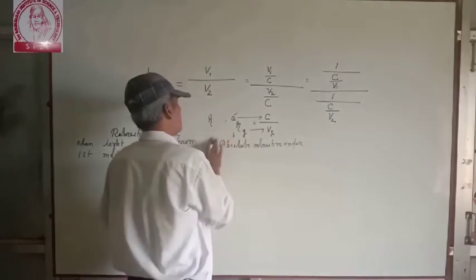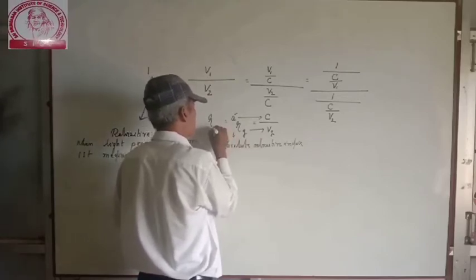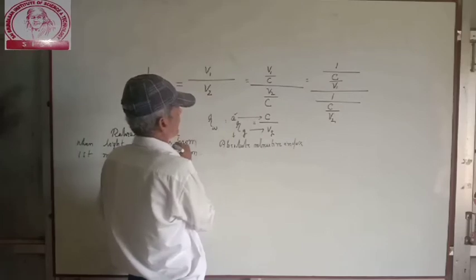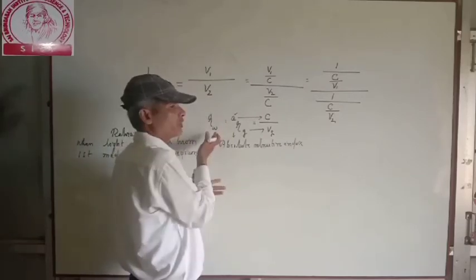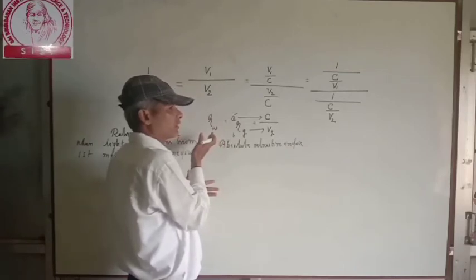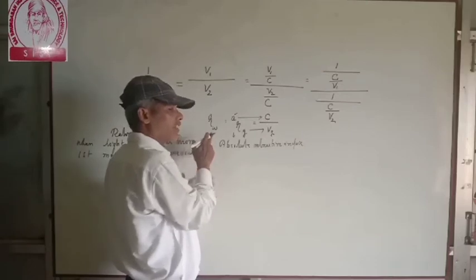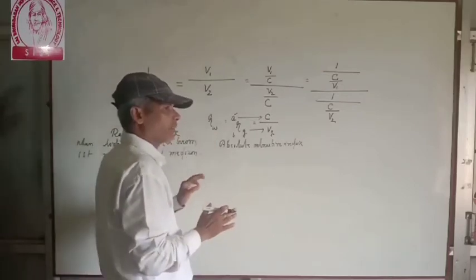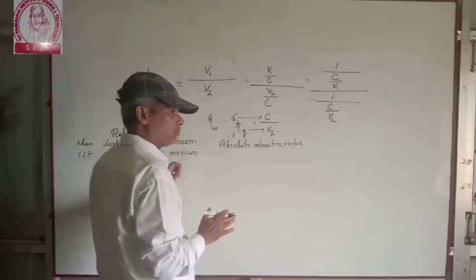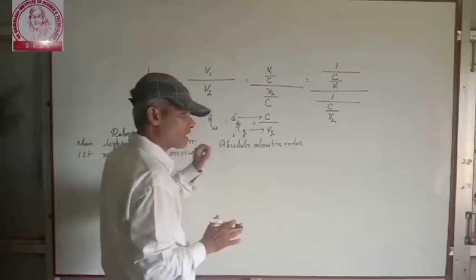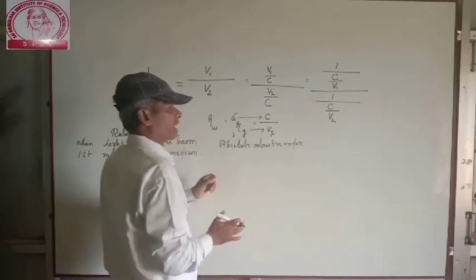Let's say it is the absolute refractive index of water. Then nothing is written here. That's why we call it absolute, because the light propagates from air to water. According to definition, when light propagates from air or vacuum or free space to any subtle medium, then the refractive index is called absolute refractive index.